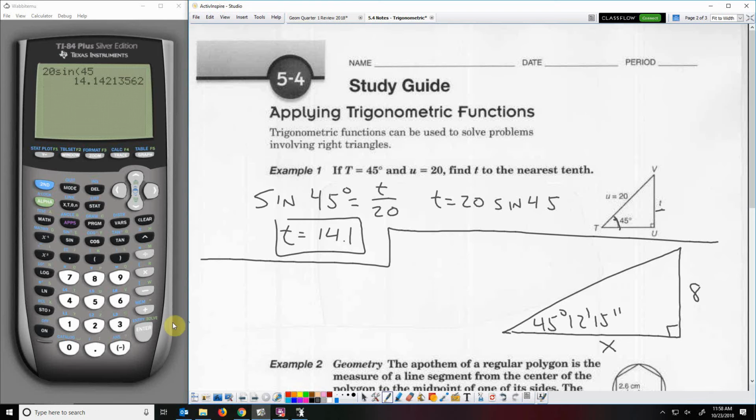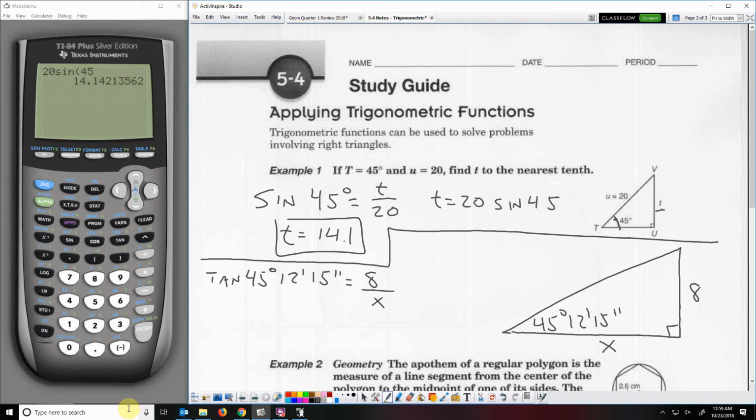Okay, so we need to find the value of x. So this time I've got opposite, and I'm looking for adjacent. So that's going to be tangent. So tangent 45 degrees, 12 minutes, 15 seconds equals the opposite over the adjacent.